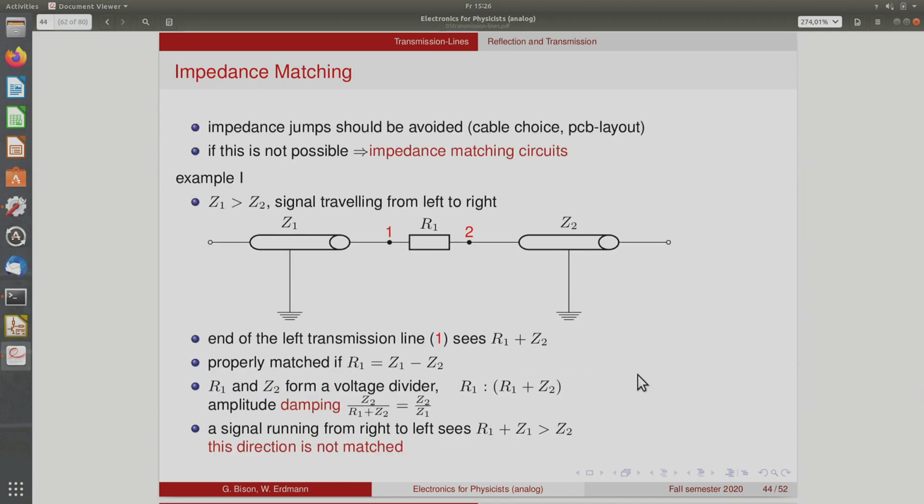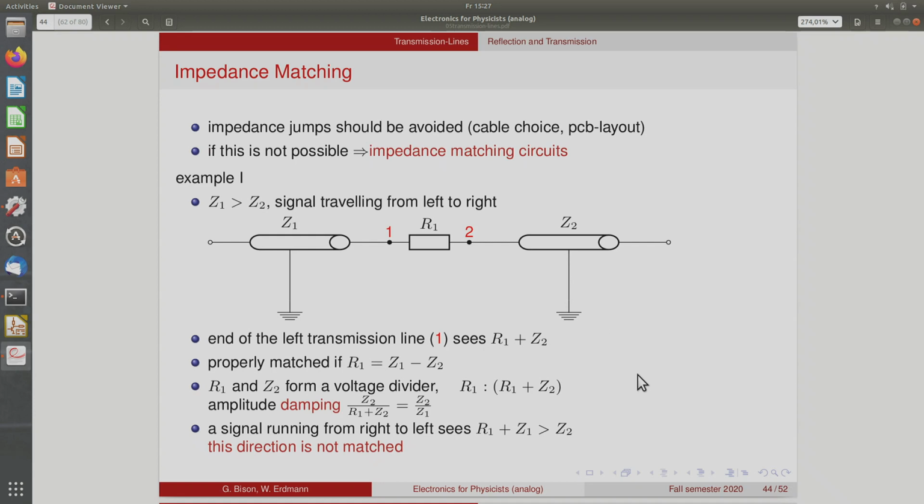So in general, you want to avoid such impedance jumps. When you design your system, you should be careful to never do that, because if you don't have proper termination of the signals at all places, or you have multiple listeners, then these reflections usually cause problems. So whenever you can, you should avoid impedance jumps.